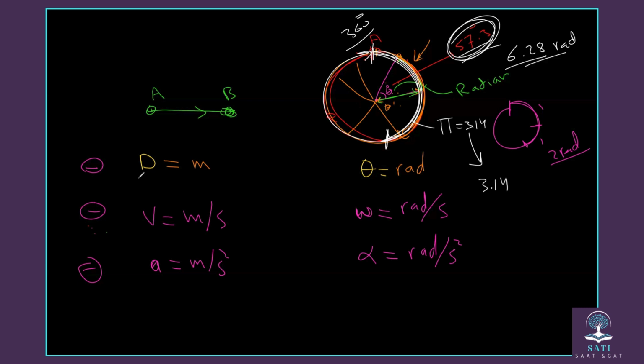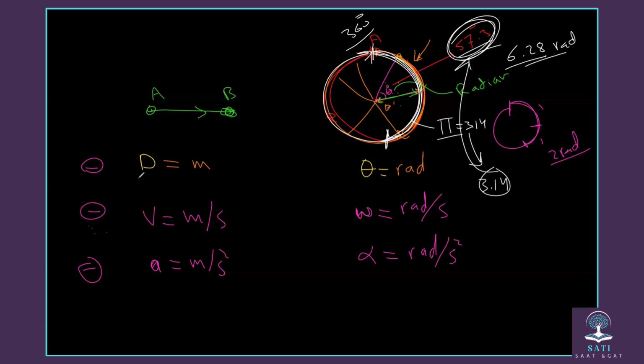When you multiply 3.14 times this angle, you will get 180. So 1 pi means 3.14 radian, and in degrees it means exactly 180. So 3.14 times that angle, which is 1 radian, gives you 180.